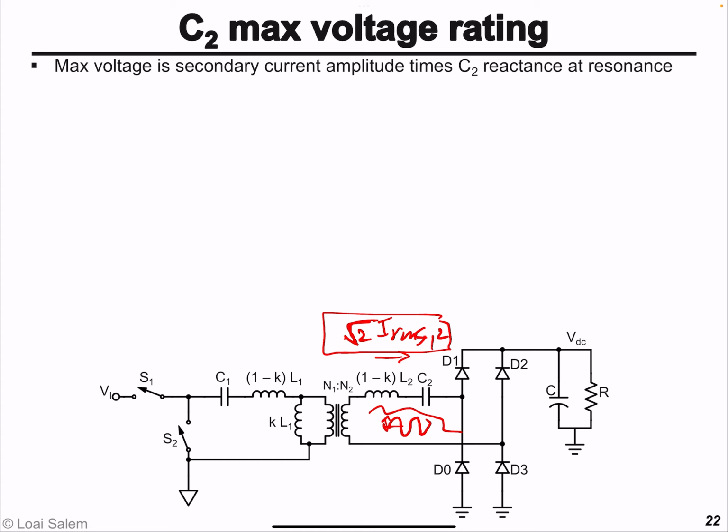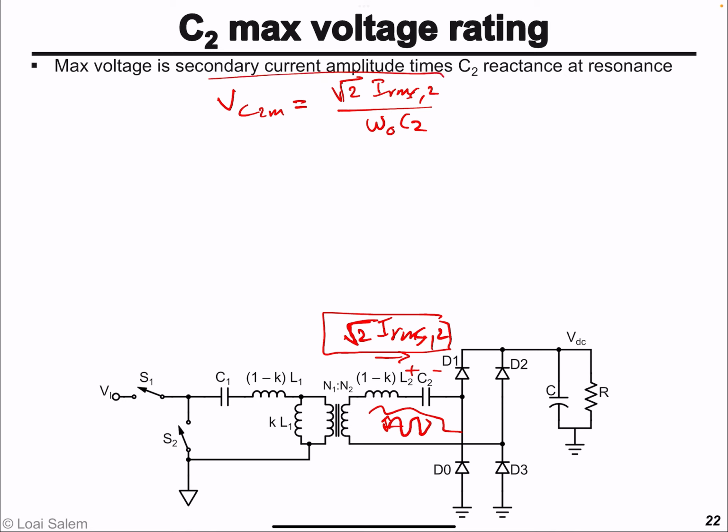And so to get the voltage across the capacitor, we should multiply this peak current times its reactance. If we are just interested in the maximum or the amplitude of the voltage across the capacitor, we don't need to include the j. So the maximum voltage across the capacitor C2, the amplitude essentially, will be that RMS current multiplied by square root 2, multiplied by 1 over omega naught C2.